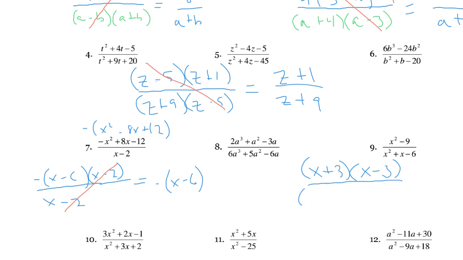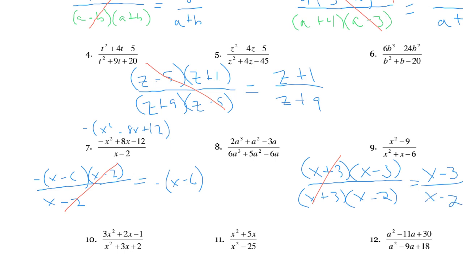Then on the bottom, what multiplies to negative 6, sorry, and adds to positive 1? x plus 3 and x minus 2. So that would cancel the x plus 3's, leaving us with a nice x minus 3 over x minus 2 as our final answer.